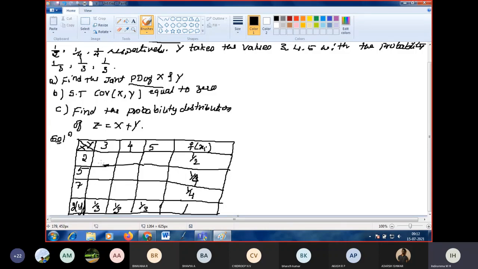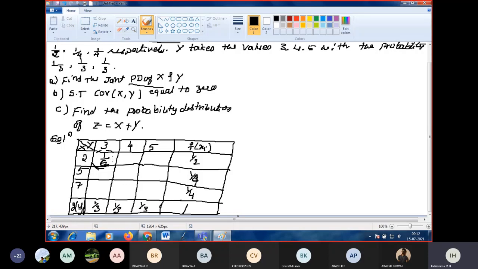So the first cell will be equal to the product of F of x1 and G of y1. 1 by 2 into 1 by 3, that is 1 by 6. This can be filled like this only when X and Y are independent random variables.